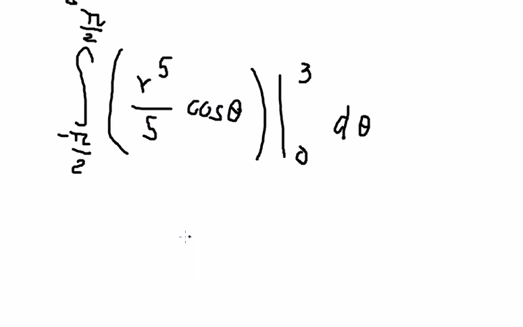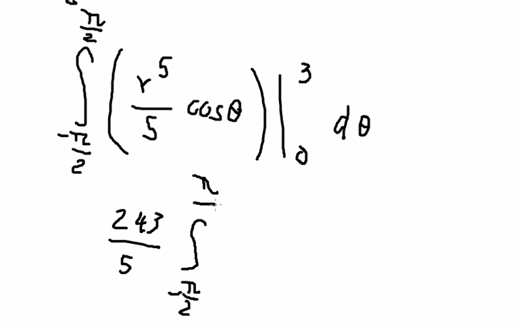So you got 243 over 5, and we have the integral from negative pi over 2 to pi over 2 of cosine theta d theta.